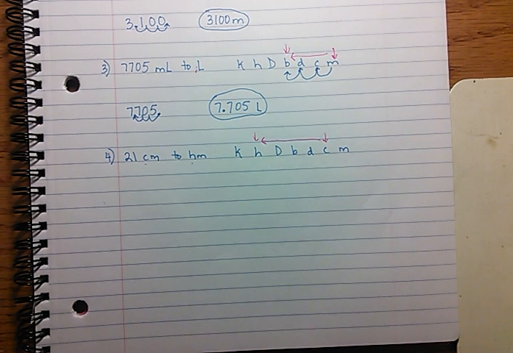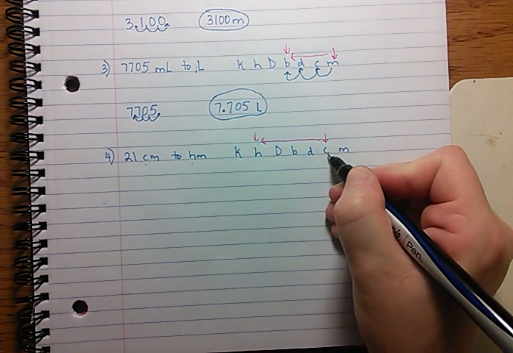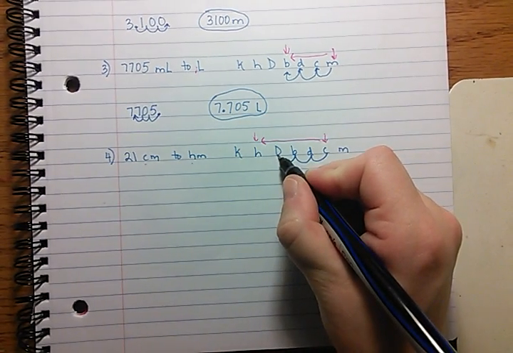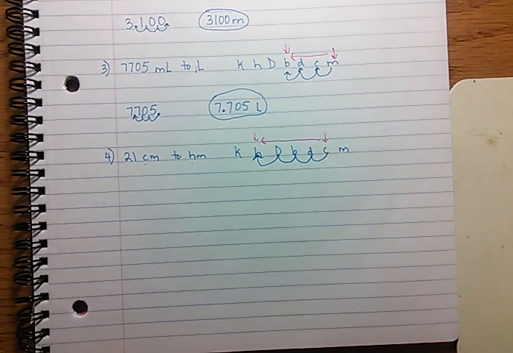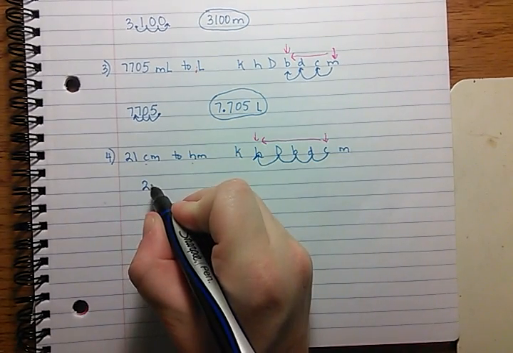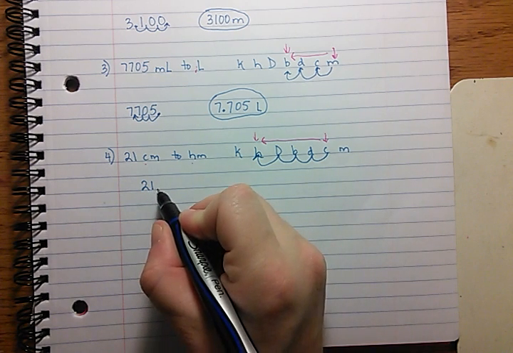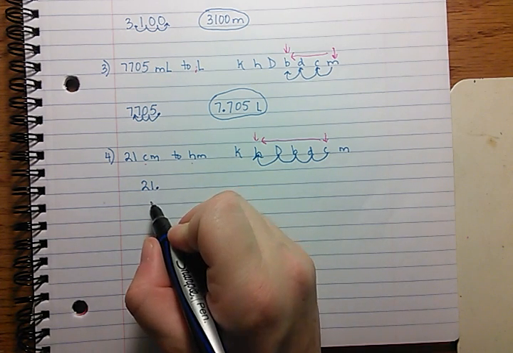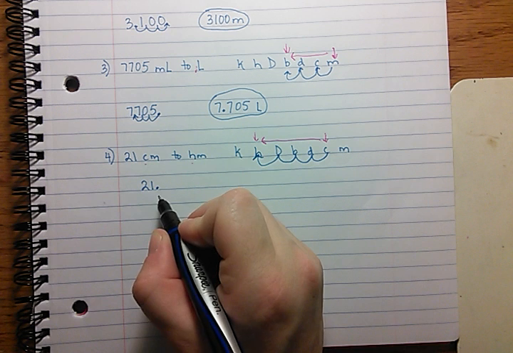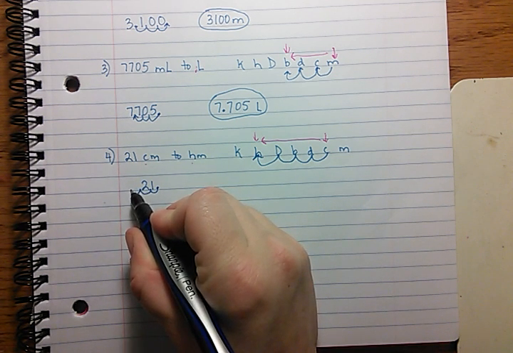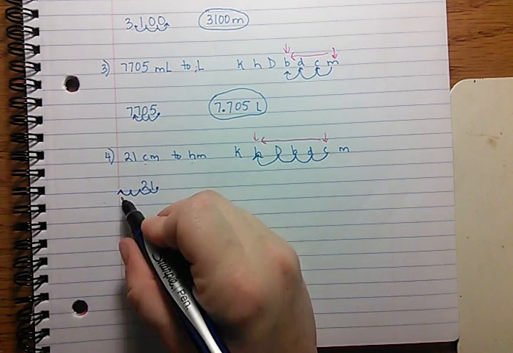How many places is that? So we're going over 1, 2, 3, 4 places. Let's rewrite the number. Again, decimal starts at the end of the number. So you go over 1, 2, 3, 4. Decimal ends up here.